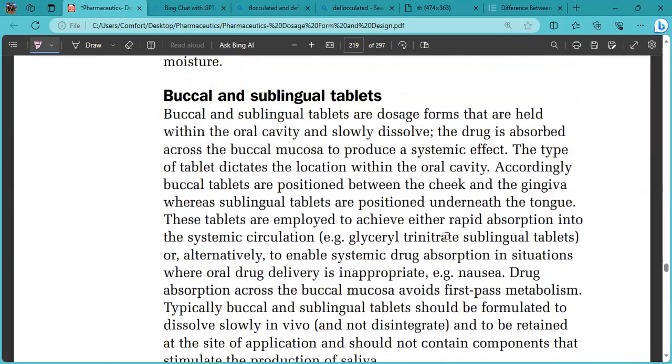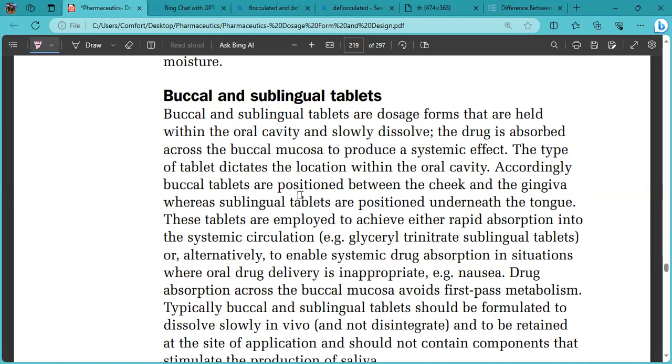Yeah. So buccal or sublingual tablets, I think the most common example is the nitrate one, which is usually given when people have angina. You just put it between your cheek and the gingiva. Gingiva is like the jaw.